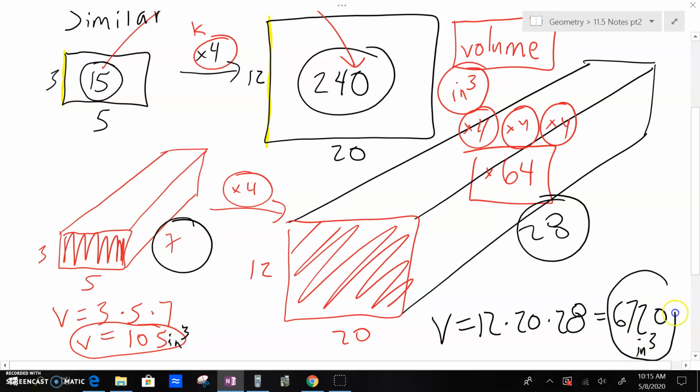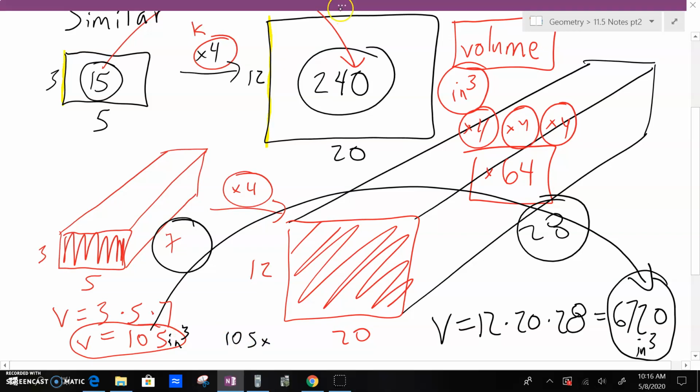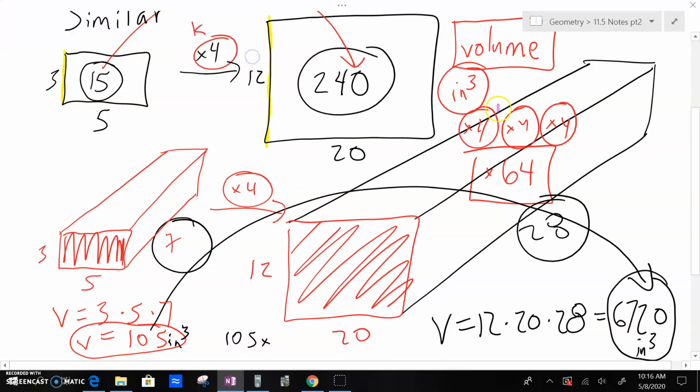So what we're after here in this lesson is not, can you draw these pictures, but can you get from this 105 over to this 6,720 without doing this? Well, you can if you know the scale factor is 4. All that means is I need to take that 105 and multiply it by 4 three times. 4, 4, and 4. That is 64, and I'll highlight that just so it's clear where I'm getting that.